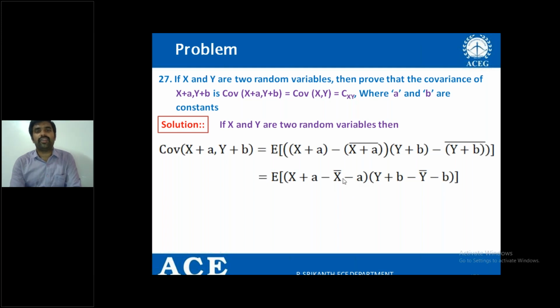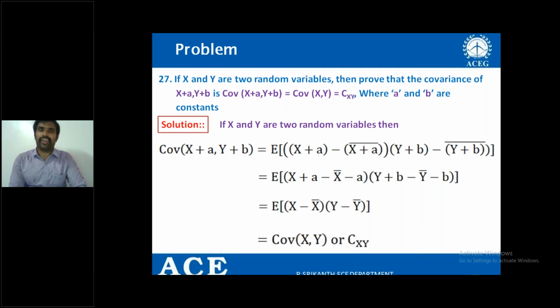Therefore, the resultant will be x minus x bar minus a, into y plus b minus y bar minus b. Here the two constants get cancelled, and we get the expectation of x minus x bar into y minus y bar. It is nothing but the formula for covariance. So this is the way to solve the problem and prove the relation, right? Simple problem.